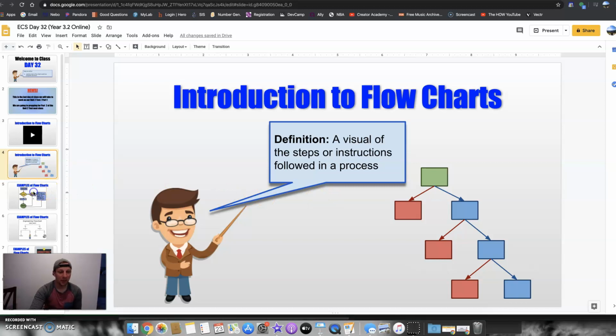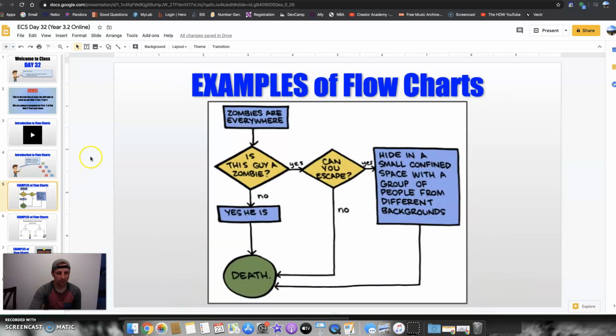So here is an example of a flowchart, and this is kind of a silly one, but it's a good example. You are in a situation where zombies are everywhere, and you come across a person. You ask yourself, is this guy a zombie? If the answer is no, it's a lie because it really is, and you die. If the answer is yes, can you escape?